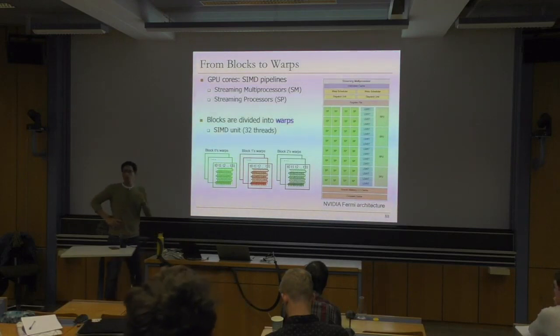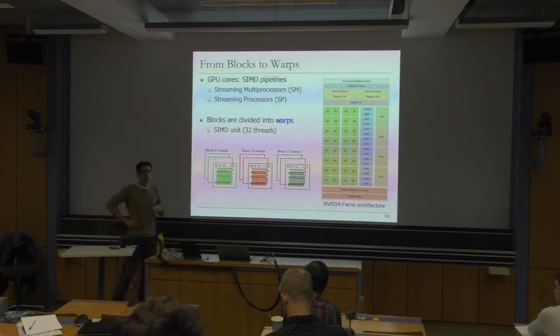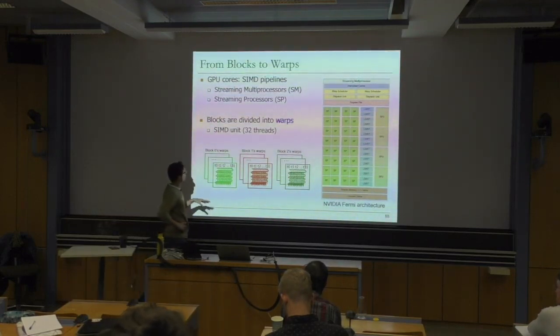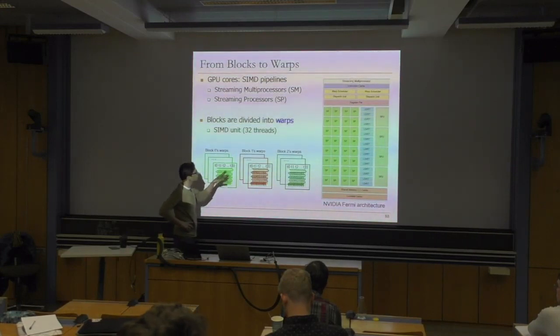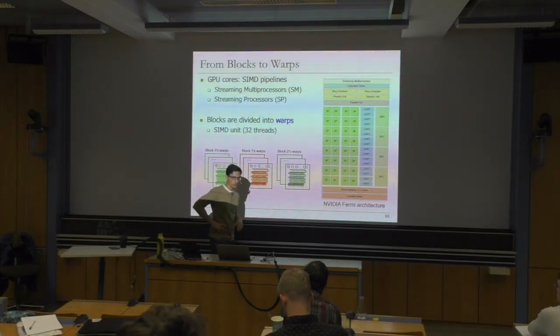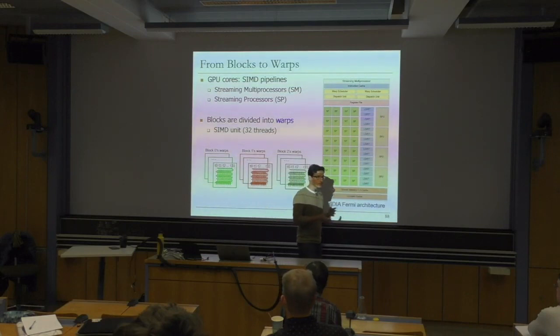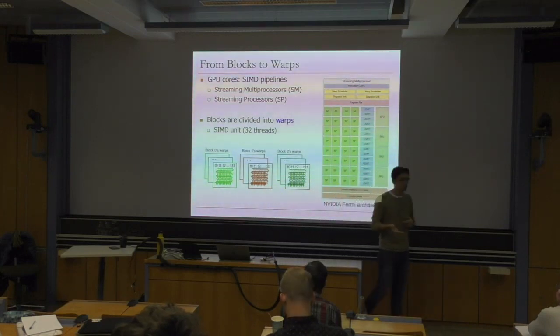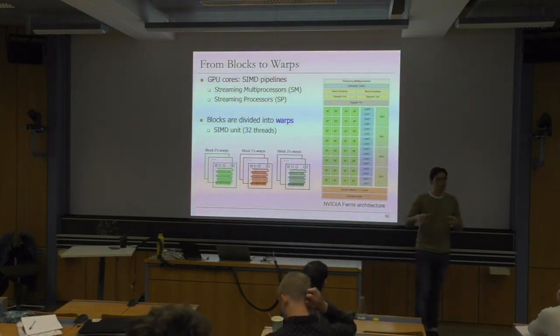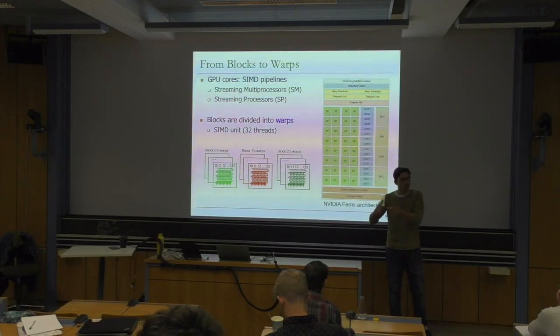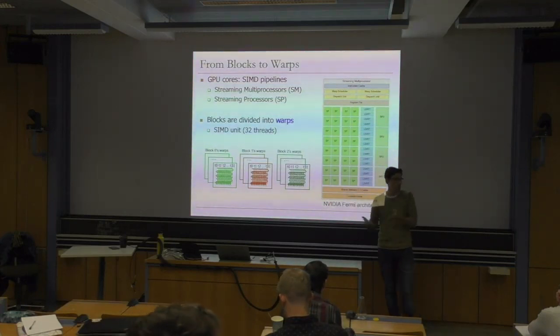Now you might be thinking, how do I divide 100 threads into groups of 32? Well, obviously 100 is not a multiple of 32, right? So the last warp will have some unused threads or unused lanes.